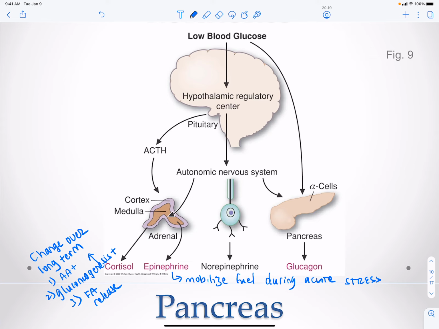And so you're going to get your glucose being released from glycogen stores, and fatty acids from your adipose tissue.